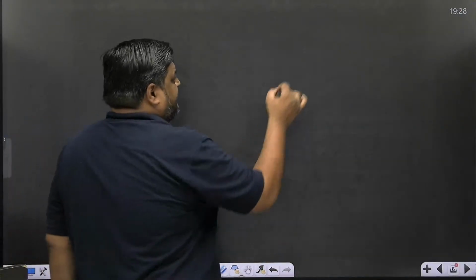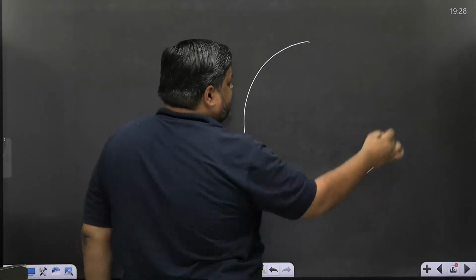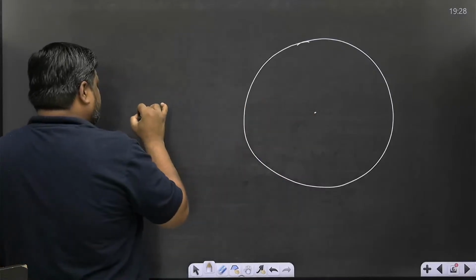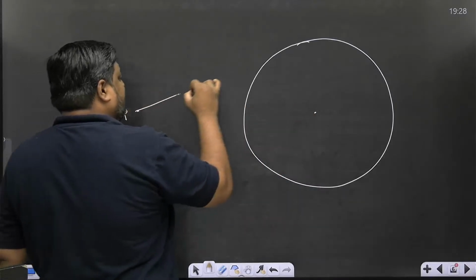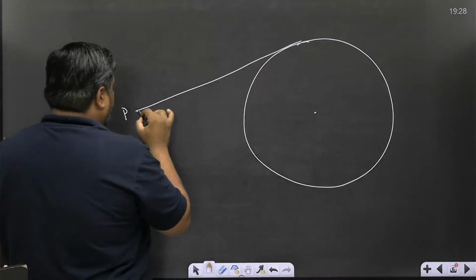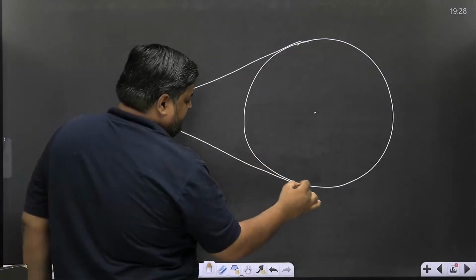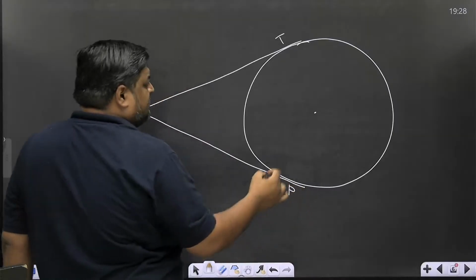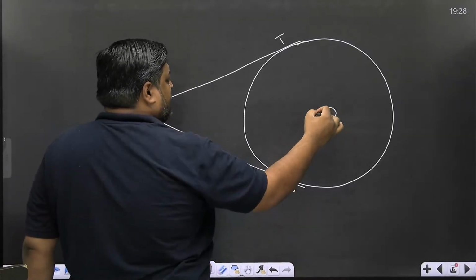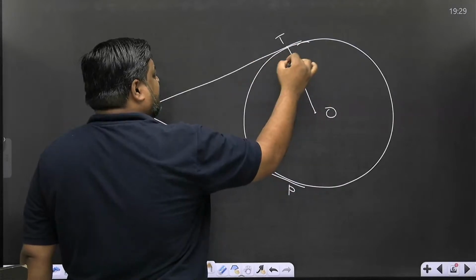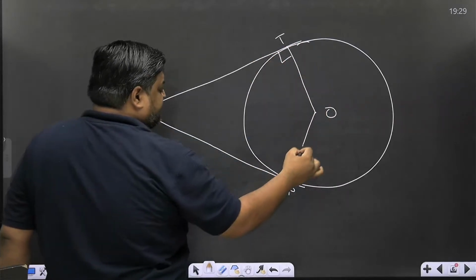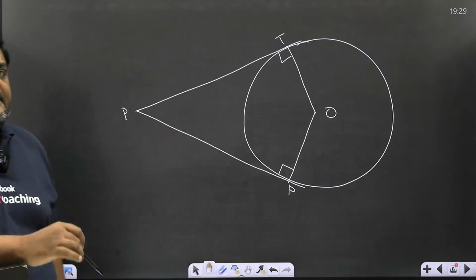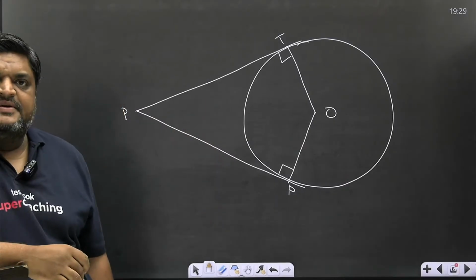Look, if there is a circle, this is the center and this is a point outside the circle, I draw a tangent. There are two tangents that I can draw, one above and one below. This is PT and this is PQ. If you draw an angle from the center to the point of contact, that angle would be 90 degrees. Keep this in mind.